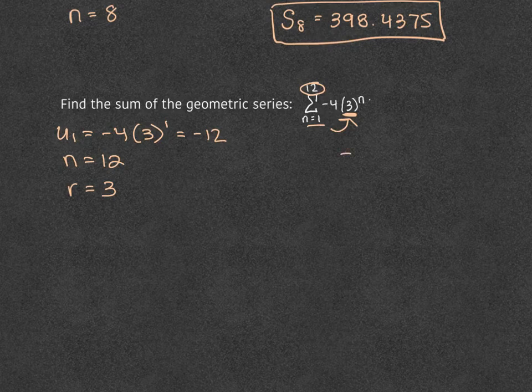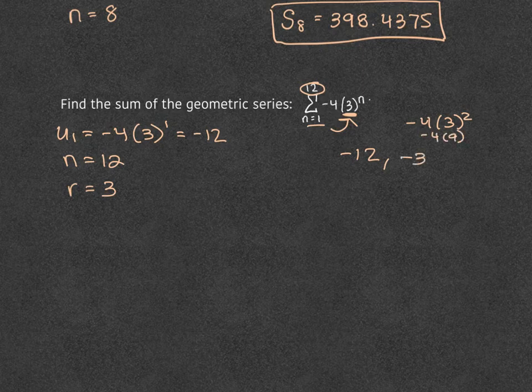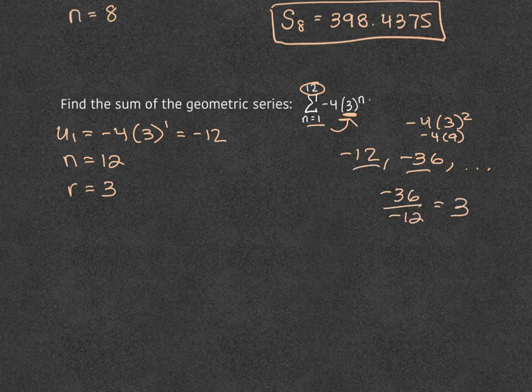So we already knew the first term was -12. If I plugged in 2, I would get -4 times 9, which is -36, and so forth. And then if I take my second term divided by my first term, I also get 3. So if you get lost, you could always do it that way.